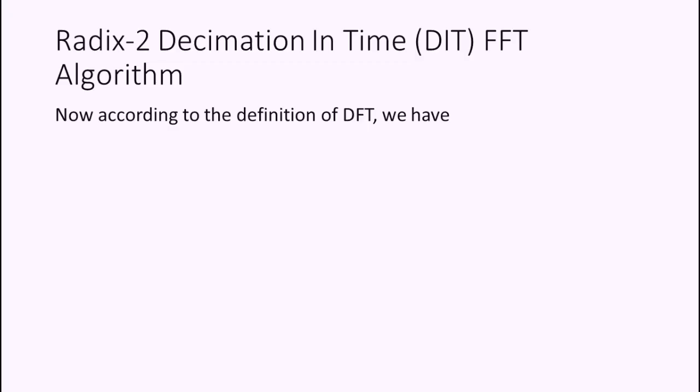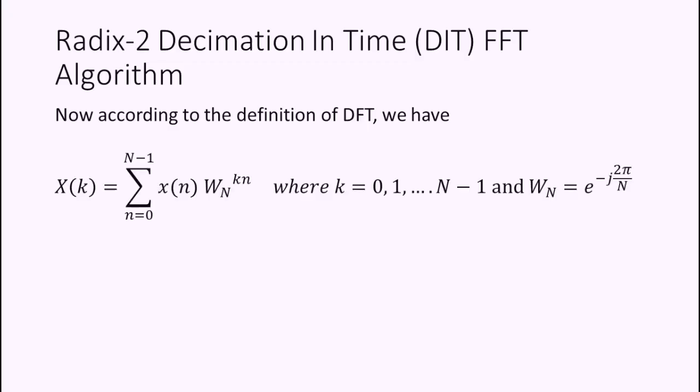Now according to the definition of DFT, we have X(k) is equal to summation of n = 0 to N minus 1 x(n) W_N to the power kn, where k = 0, 1, ..., N minus 1 and W_N = e to the power minus j2π/N.